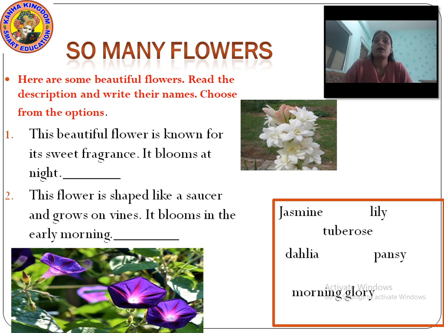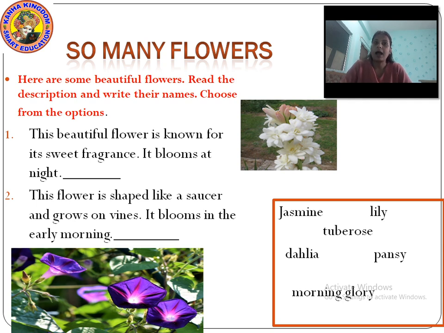Okay, and it blooms at night. So can you guess the name of this flower? Options are given here in the box. Options are jasmine, lily, tuberose, dahlia, pansy and morning glory.